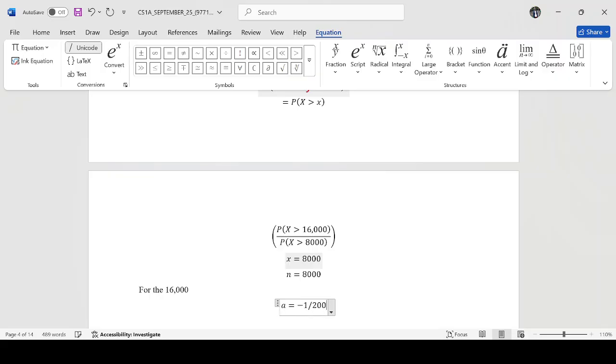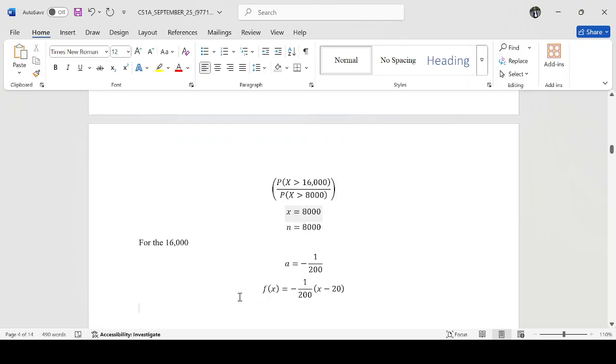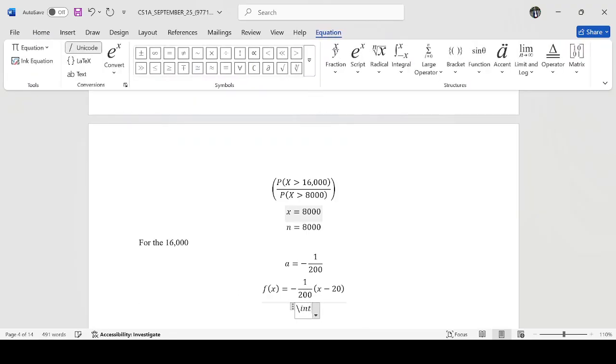So what you need to do is complete your probability density function f of x, which is equal to negative 1 over 200 into brackets x minus 20. So that is our f of x. For the 16,000 we will do the integral.